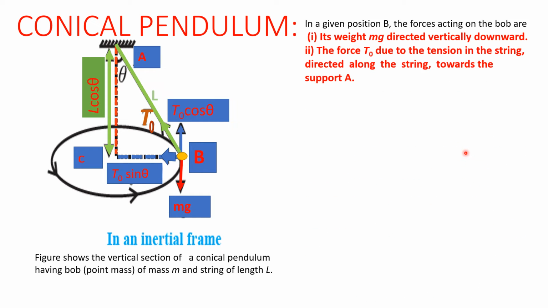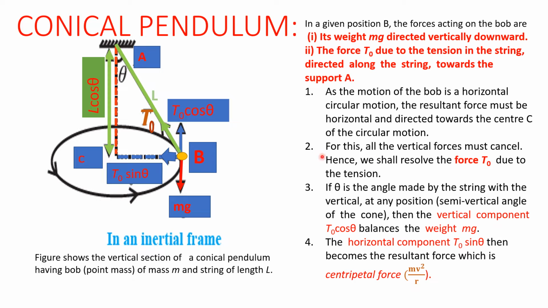At position B, the forces acting on the bob are its own weight mg acting in a downward direction and the force T0 due to the tension in the string, directed along the string towards the rigid support A.